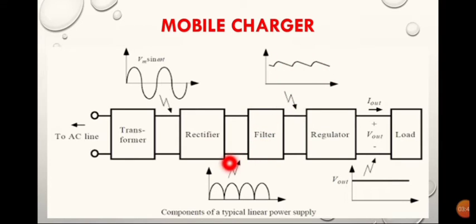So the filter removes pulses and provides us pure DC. Although the DC voltage is not constant, it is a fluctuating voltage. So to provide you a constant voltage, we have to use a regulator. Why a regulator? Because it provides us the constant voltage.